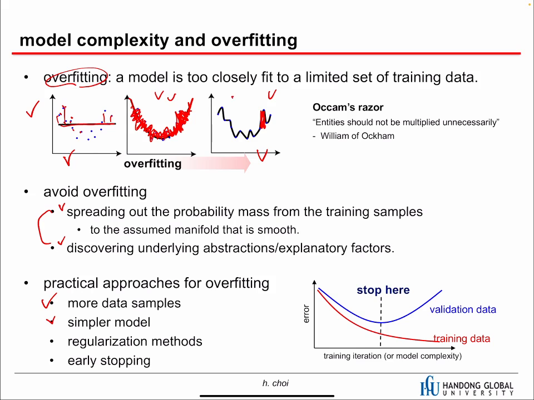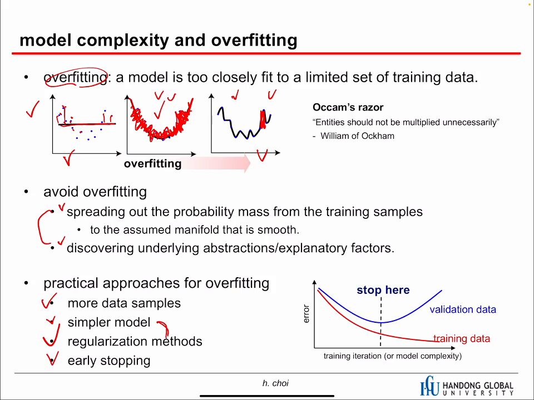As you can see here, when the model is too complex, there is a possibility of overfitting. But if we make a simpler model like this, then we can minimize the possibility of overfitting. Or we can put in some regularization. We're going to talk about these regularizations later, but if we put in some regularization, like the model should be smooth, then basically it's the same thing, right?